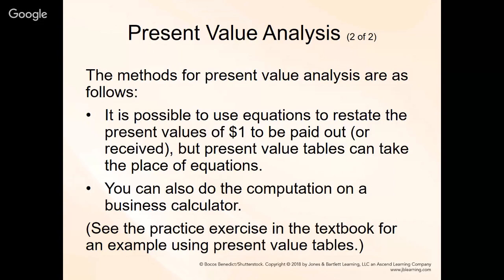And let's say that we were looking at it on 10%, 10 years at 10%. We would go down to the year 10, and we find the 10%, and we slide over there, and where the two intersect, we can see that it is at 0.3855.